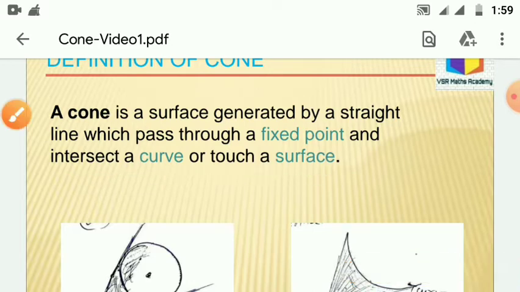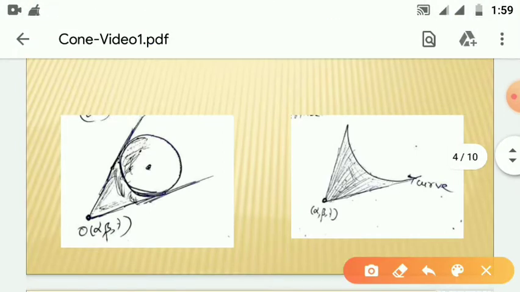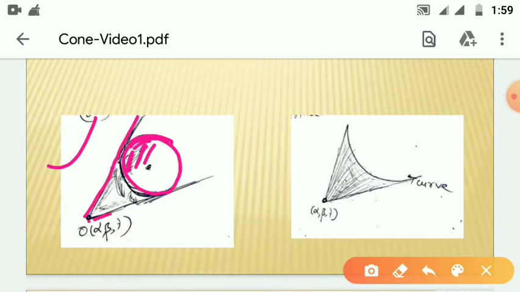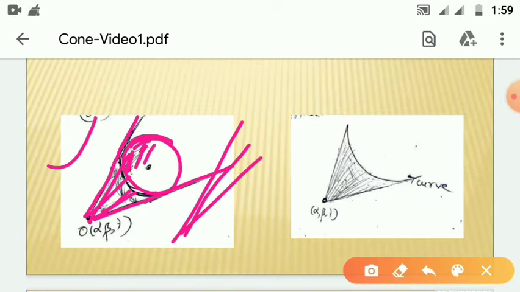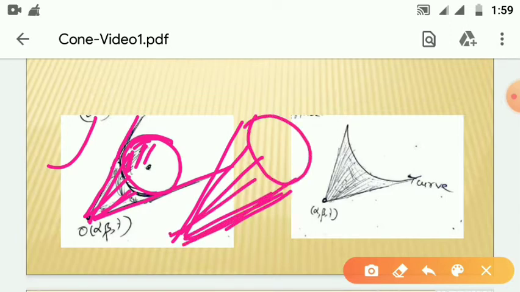Here this is a spherical shape. This has a surface. O is a fixed point. We can draw tangent lines to the sphere from this O, throughout all sides of 360 degrees, by taking all these tangent lines like this. Obviously you will have a cone.